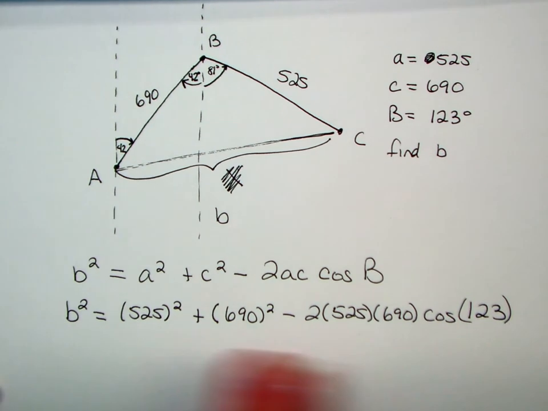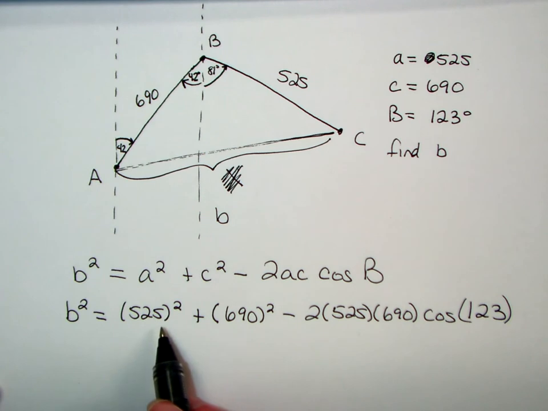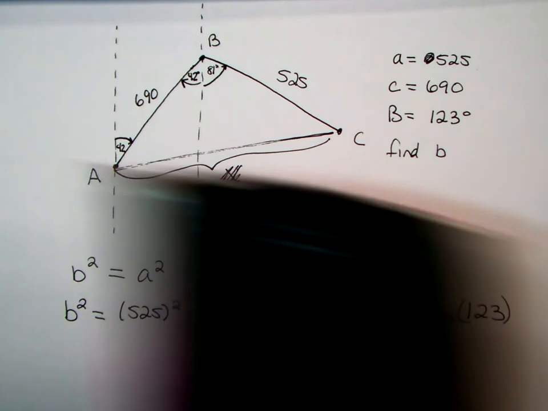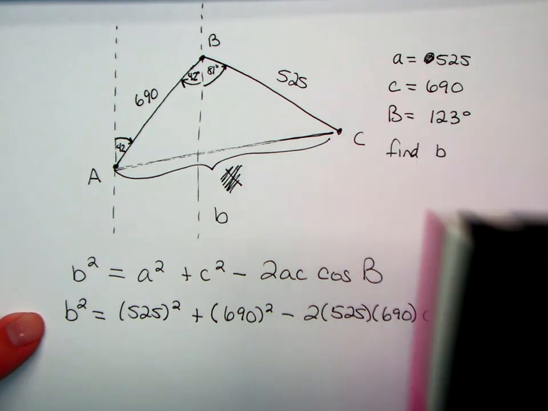This one is the one where we don't have to move them over. We just multiply all this together and then take the square root. So the calculator will do the rest of the work for us.